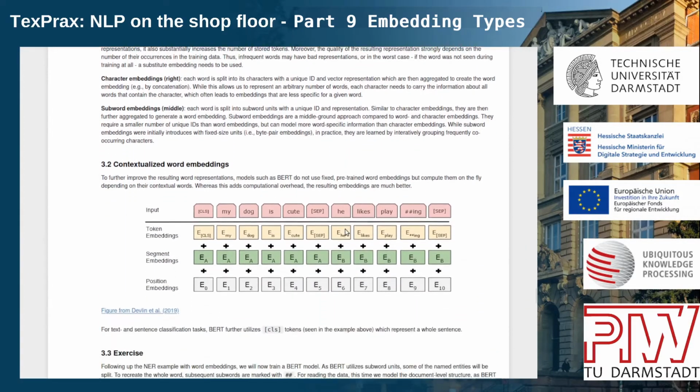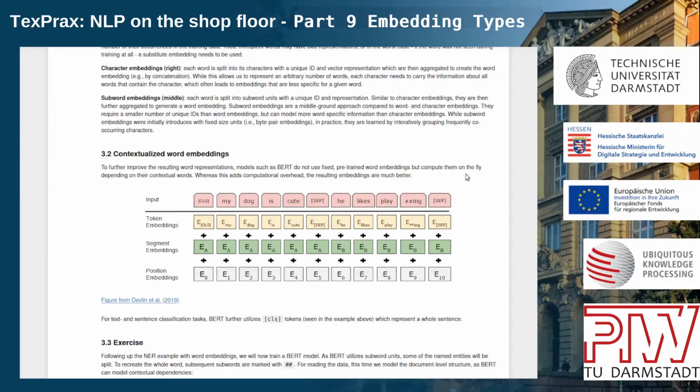So now what Devlin and colleagues proposed was to, instead of fixed representations, use contextualized word embeddings. So basically generate embeddings based on the whole context of a word, or in the case of transformers, a fixed window which they use, which generates embeddings, for instance, for the word dog that is really influenced by the words my, is, and cute, and they further introduce additional tokens.